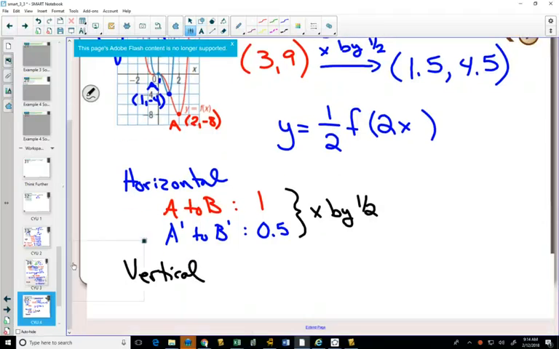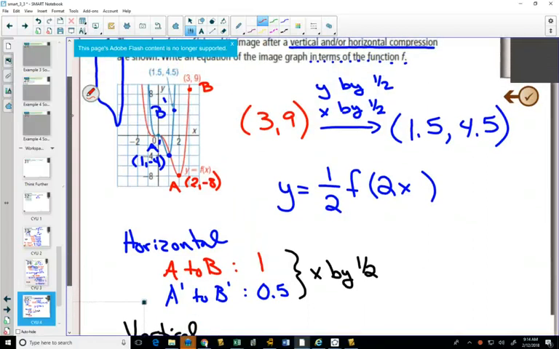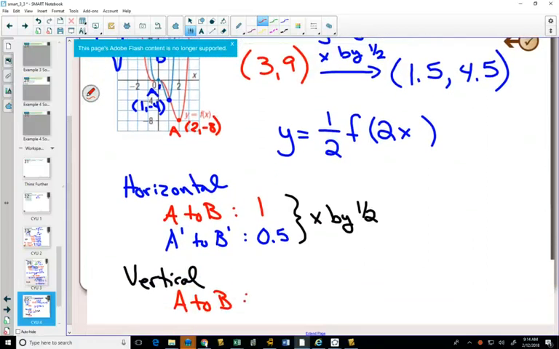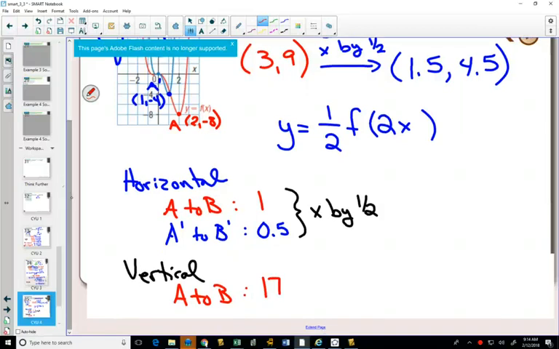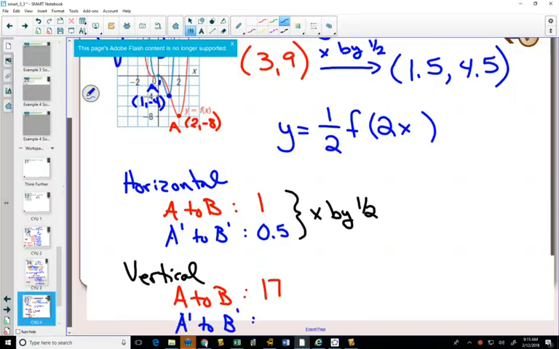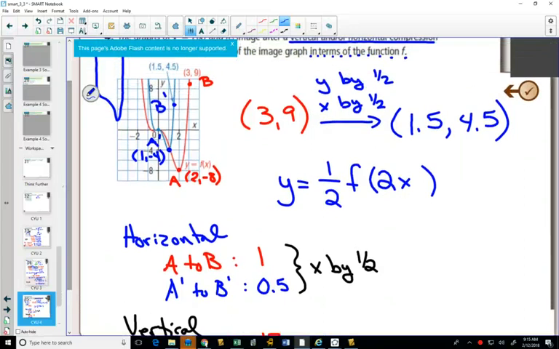Looking at our vertical distances, again, looking at going from A to B, you go from -8 all the way up to 9. That would be going up 17. But if we look at going from A prime to B prime vertically, we're going from -4 up to 4.5.